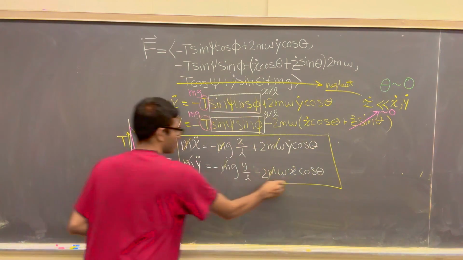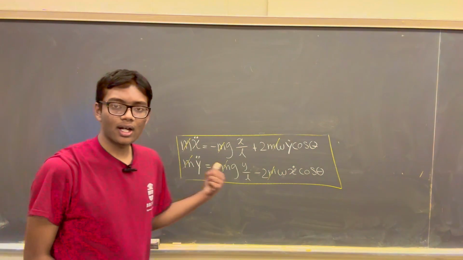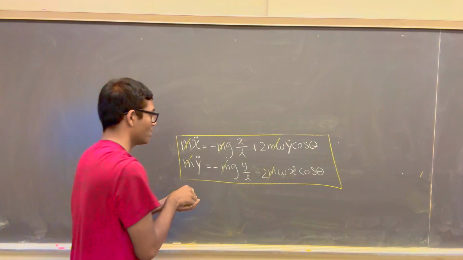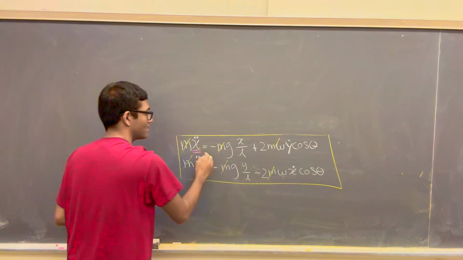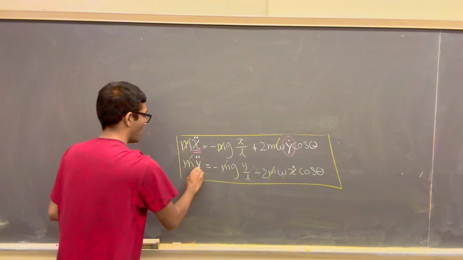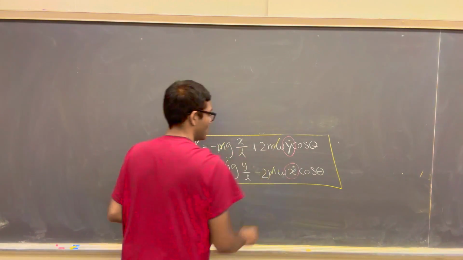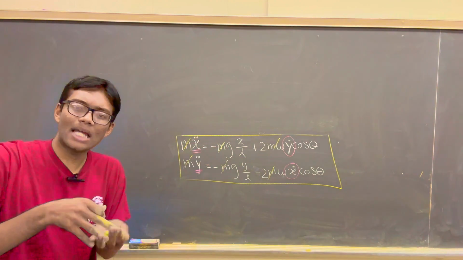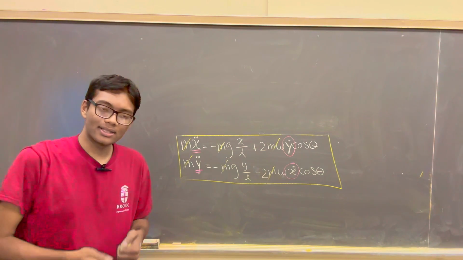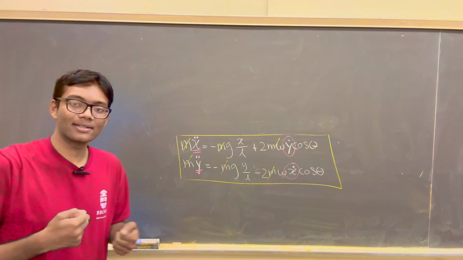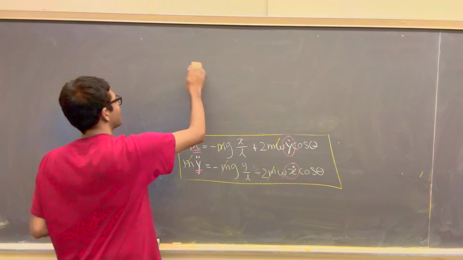And now I have the equations of motion of a Foucault pendulum. To solve coupled differential equations like this, first of all, notice that x double dot depends on y dot, and y double dot depends on x dot. So somehow they're tangled up, they're tickling each other, and we have to solve the problem taking that into account.